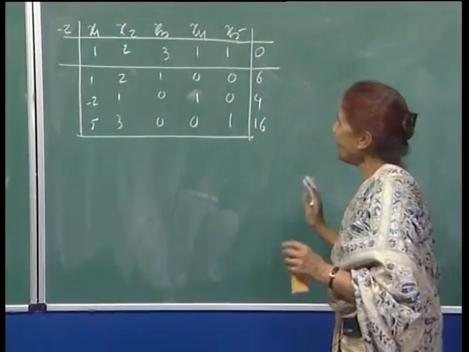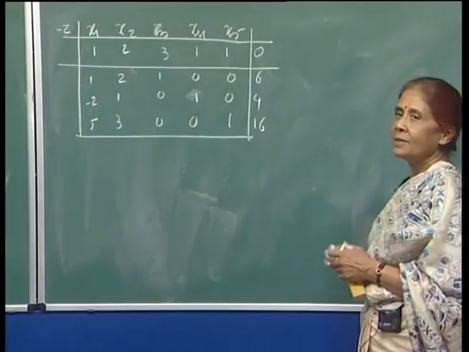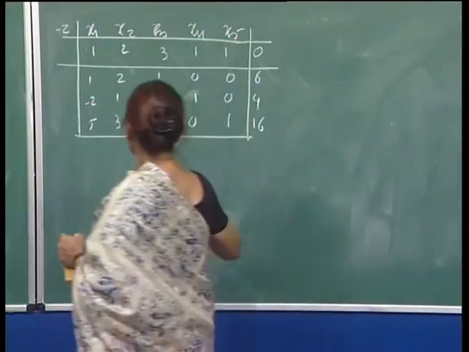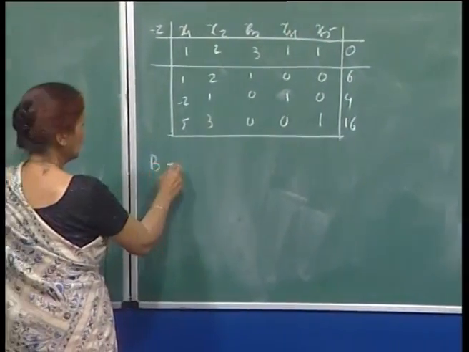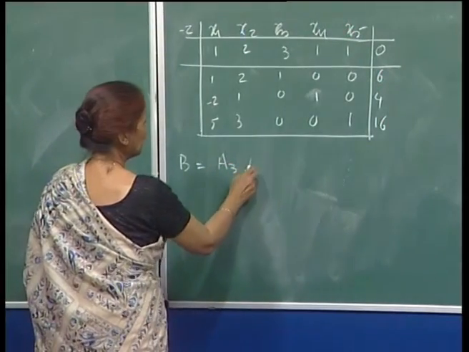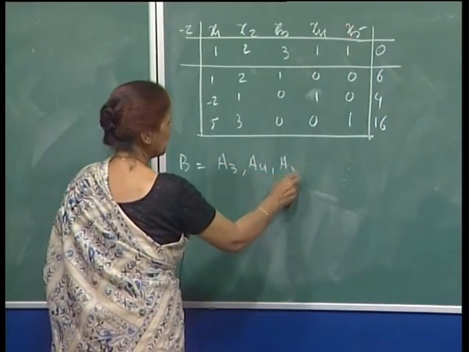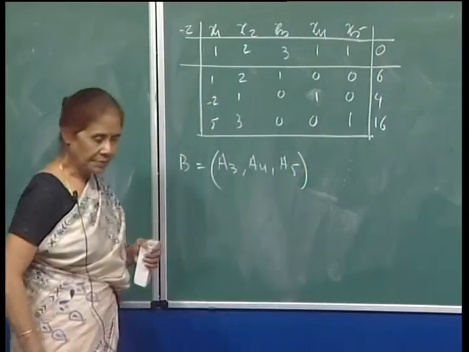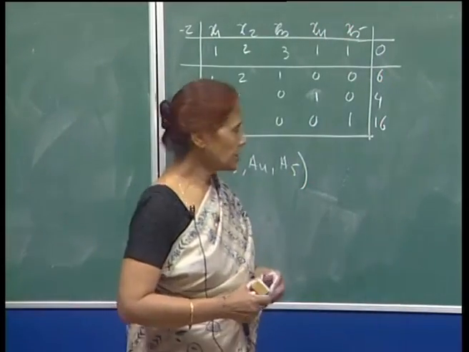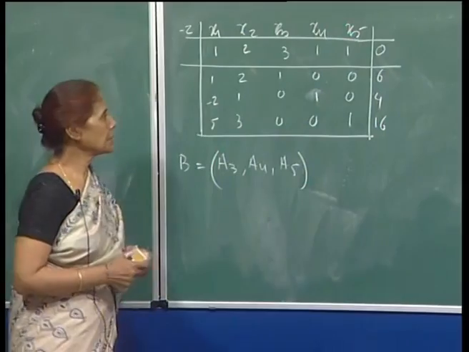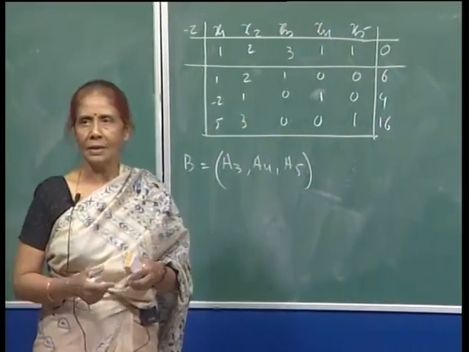Now you see that these numbers are all non-negative. So, I have a ready-made starting solution. I can choose my B to be A3, A4, A5. Of course, we will also have occasion to sometimes choose a basic feasible solution which is not as easily available.